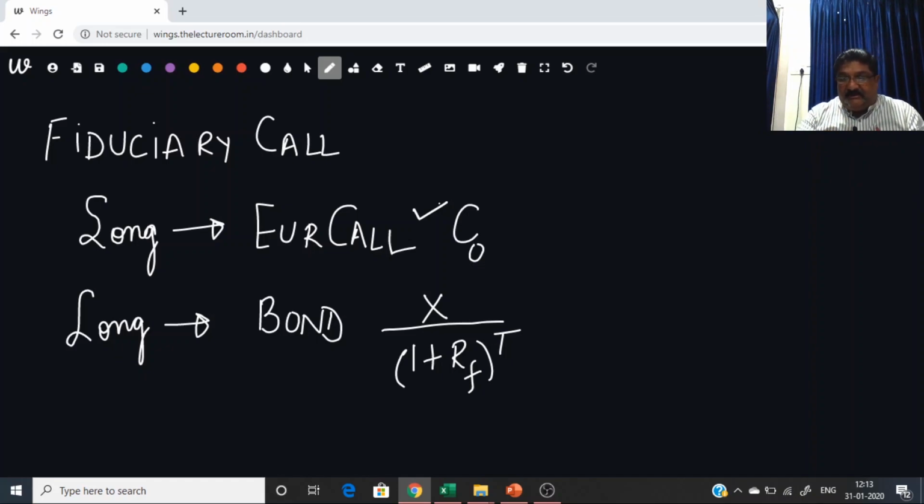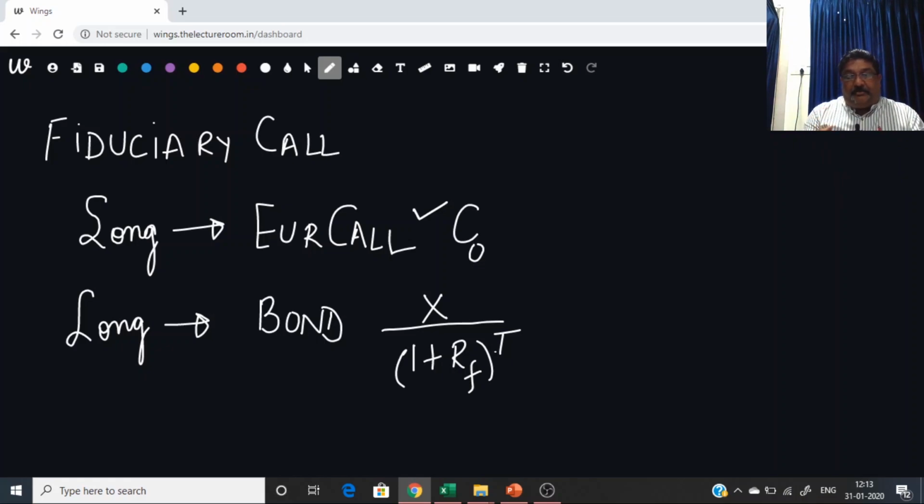Mind you, the price X that you see here, that is what you're going to receive on the expiry of the bond, and that coincides with the exercise price or the strike price, which means when the European call option reaches its maturity, you will be able to buy the underlying stock at a price X upon the expiry of its period, which is T, right?